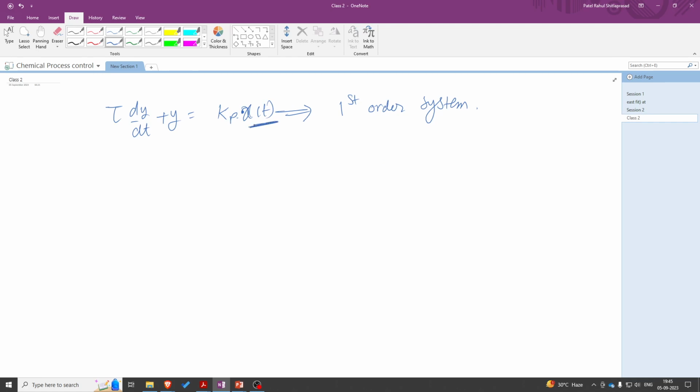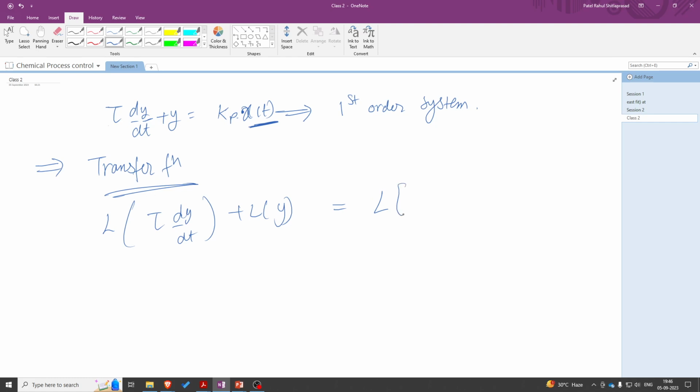So here x of t is my input to the system, y of t is the output of the system. Now if I want to convert this into the s domain, that is, find the transfer function, we need to take the Laplace of this equation, that is Laplace of tau dy by dt plus Laplace of y is equal to Laplace of Kp into x of t.